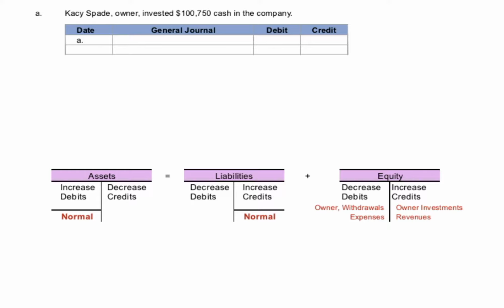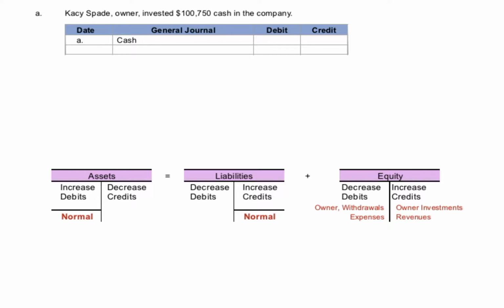So as we're doing these, if we see a journal entry that needs to happen, we think, hey, we need to do something to an asset account, I can look down at the bottom of the screen and say, okay, if I want to increase an asset account, is that a debit or a credit? Well, it says down there that normally asset accounts carry that little normal down there. It says the normal balance will be on the debit side, and that is also where increases happen.